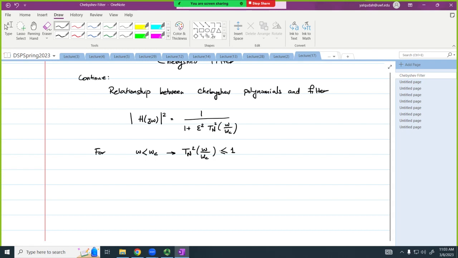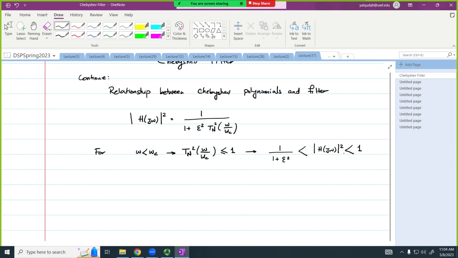And remember in the graph, when x is less than 1, the function is less than 1. So the magnitude squared of the frequency response, H of j omega squared, is going to be between 1 and 1 over 1 plus epsilon squared. If this function is 0, it gives the maximum magnitude of 1. And when this function is 1, it's going to be 1 over 1 plus epsilon squared.